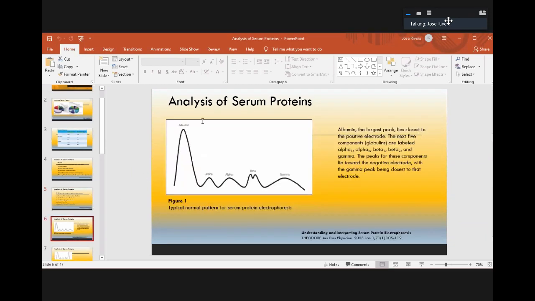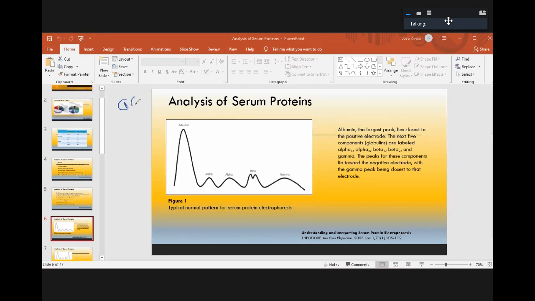You're going to get something like this, and you can see here this uses an agarose gel. I think we talked about this before, but I'll talk about it a little more. This is where you run the gel using an agarose gel in a pH 8.6 buffer that makes all the proteins negative.